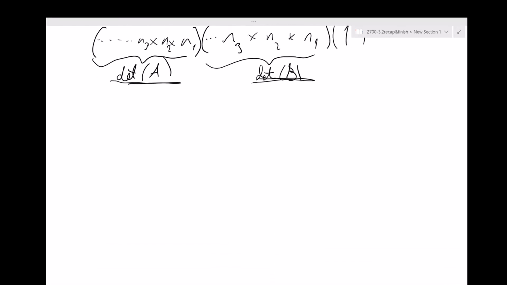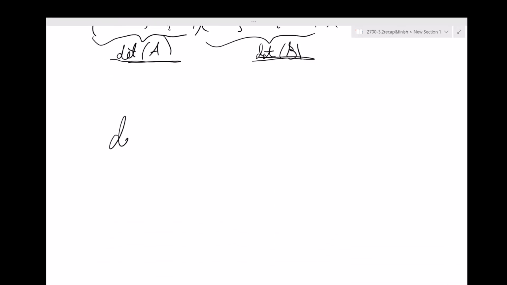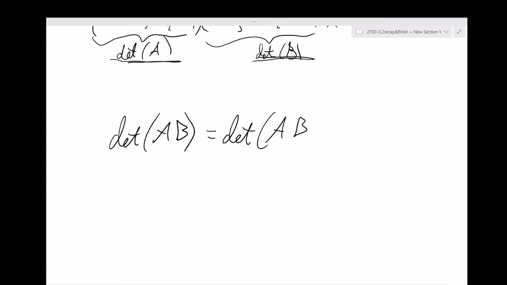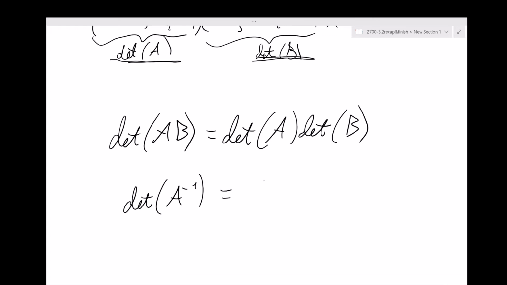Now, knowing that the determinant splits over matrix multiplication like this gives us other handy facts. So for instance, the determinant of an inverse would have to be 1 over the determinant of the original matrix. So why is that?